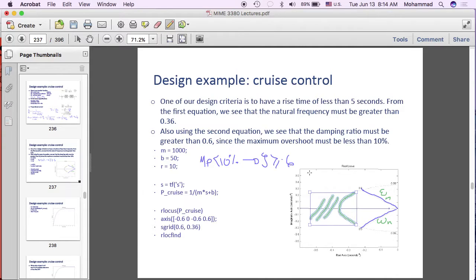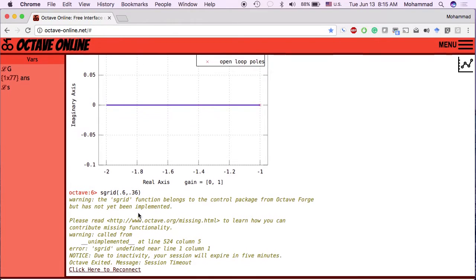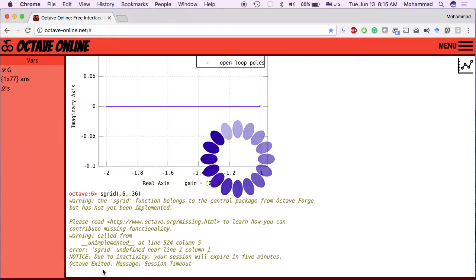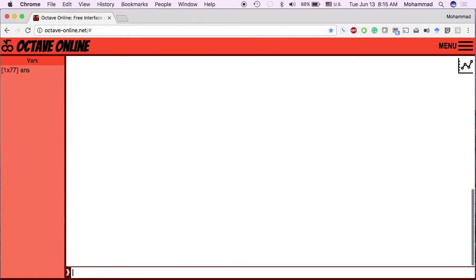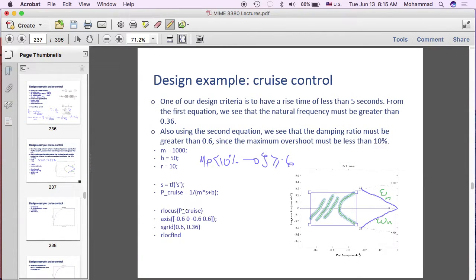So if you have MATLAB open, you need to define your system. You need to define s as the transfer function variable. And then your transfer function for this system is 1 over ms plus b, where m is 1,000 and b is 50.